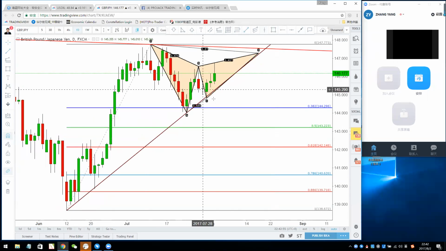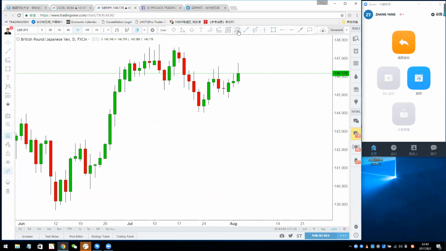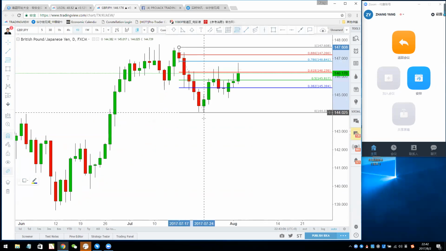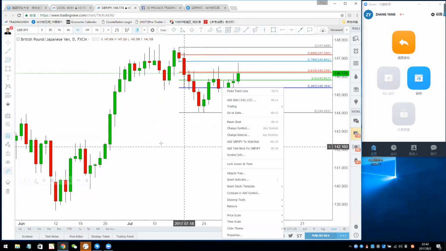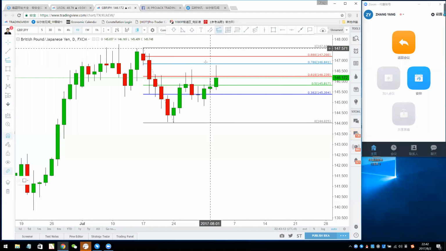For the Sterling Yen daily chart, I'm waiting for this Gartley pattern to complete. Okay, I think it's already complete, right? Yeah, not really, it didn't really touch the high.